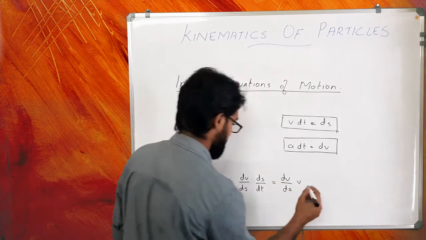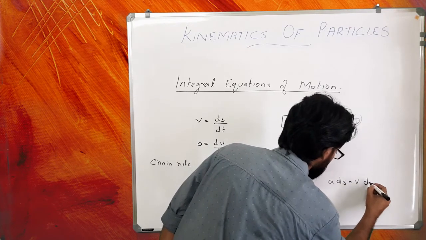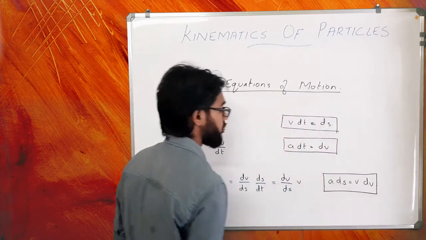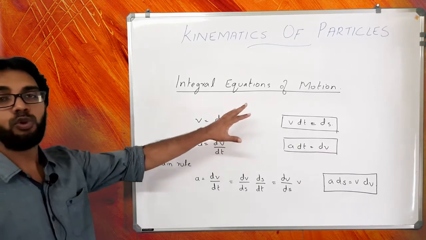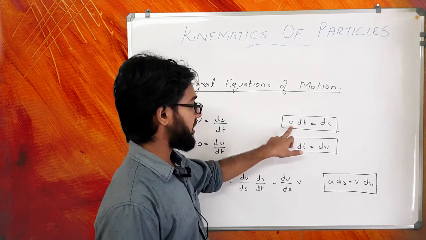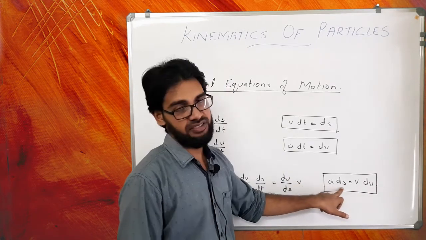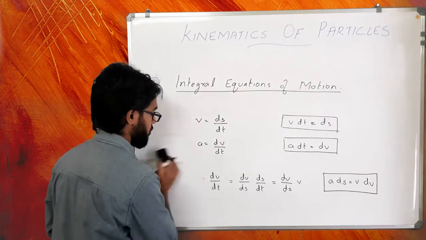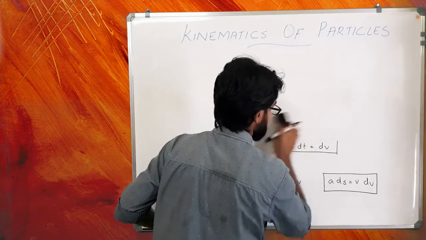This will give you the equation A ds equals v dv. So, these are the three basic equations which I want you to recollect when we do each of these cases separately: ds equals v dt, dv equals a dt, and v dv equals a ds. Now, we shall move on to each of these cases.